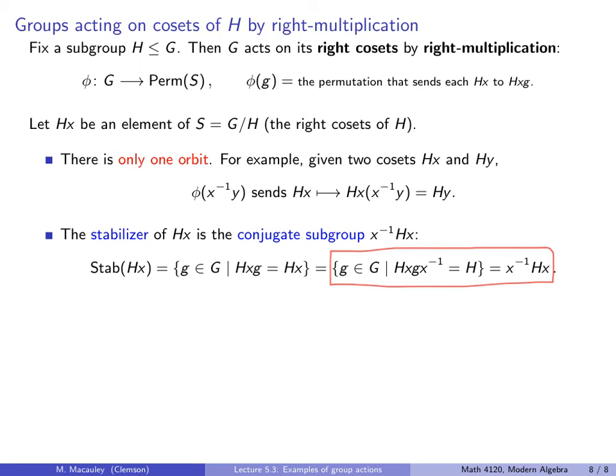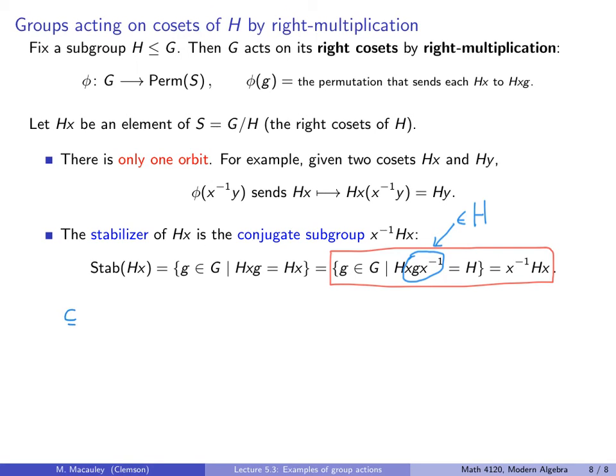So the last observation I want to make is if these two cosets are equal, then this representative xg x inverse has to lie in H, because this right coset has to actually be H. So this representative has to be in H. So let's start with the proof.